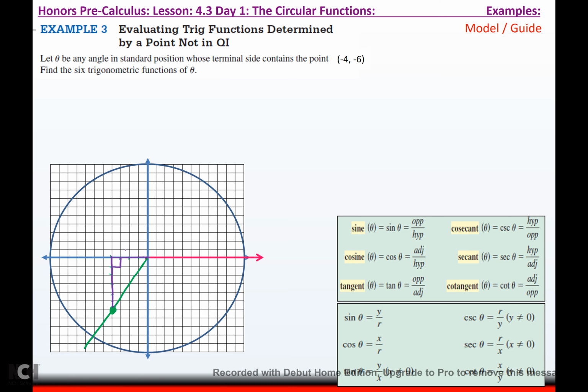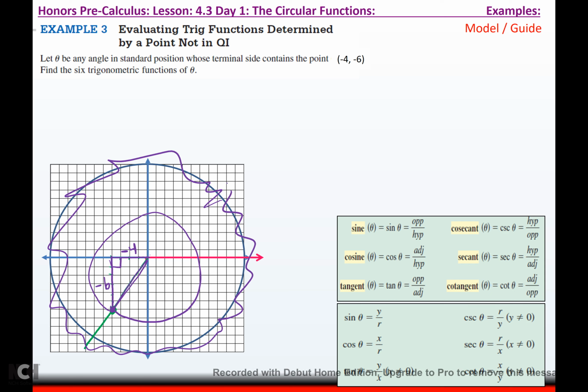Now, this distance is -4. This distance is -6. So if I do the Pythagorean theorem to figure out the radius, I drew the circle really big, but the radius of the circle would be like this. So there's the radius of my circle. Ignore that outside one, I just drew it to show you what we're going to do.